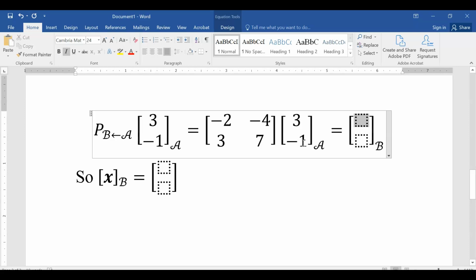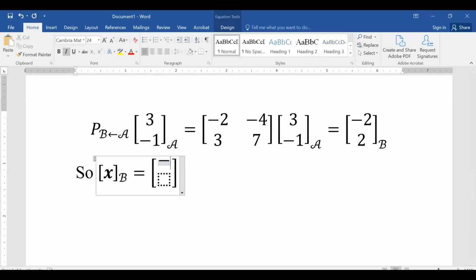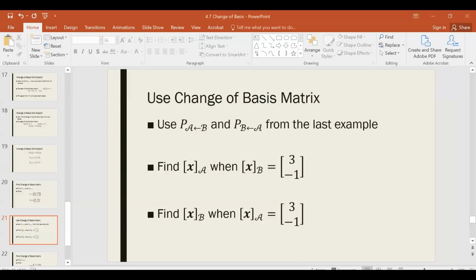Negative 4 times negative 1 is a positive 4, so negative 6 plus 4 is negative 2. 3 times 3 is 9, plus 7 times negative 1, so 9 minus 7 is 2. So with respect to basis B, the vector we're given is negative 2, 2. All right? So there we go.